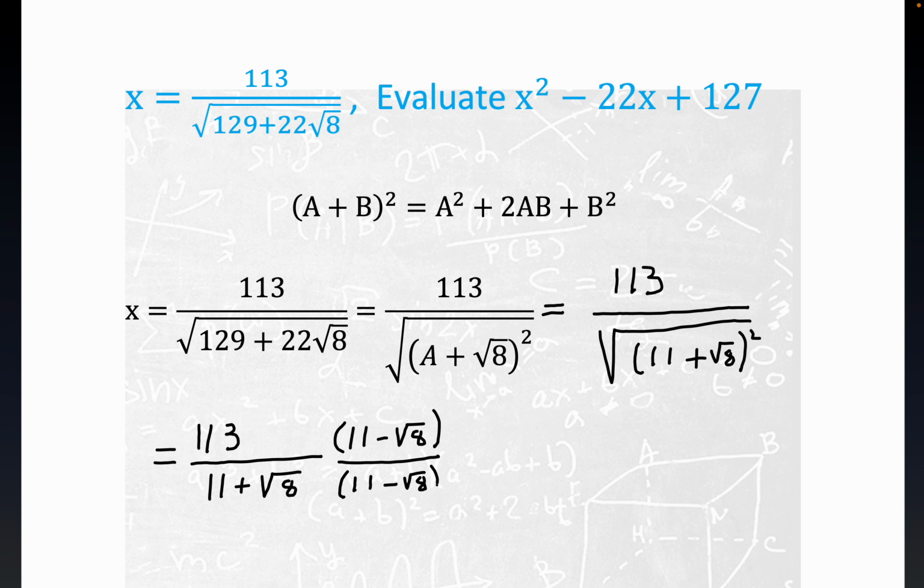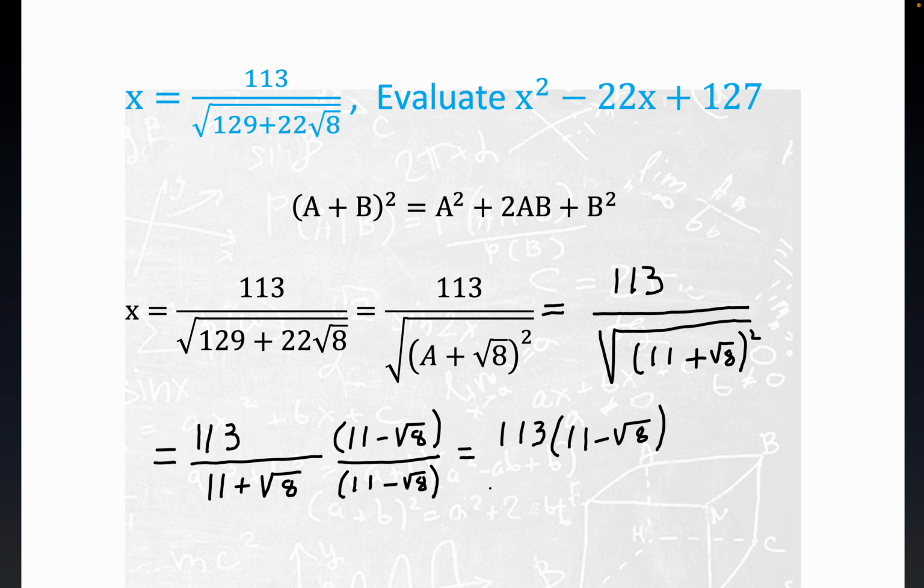A lot of nice things happen here, it turns out. Let's just recopy the numerator at this point. We have 113 times (11 minus root 8). That's just juxtaposing those two expressions.